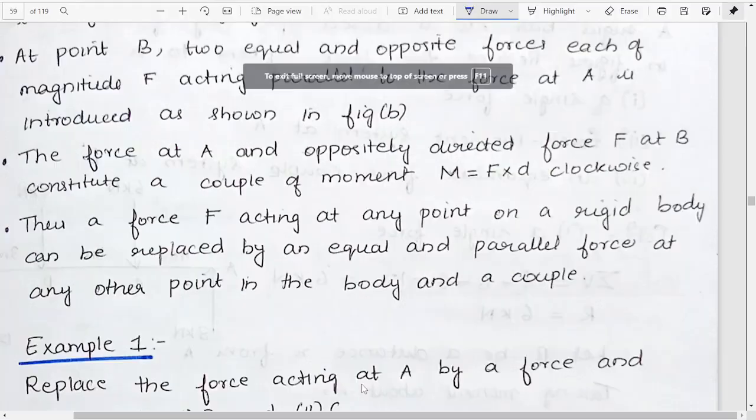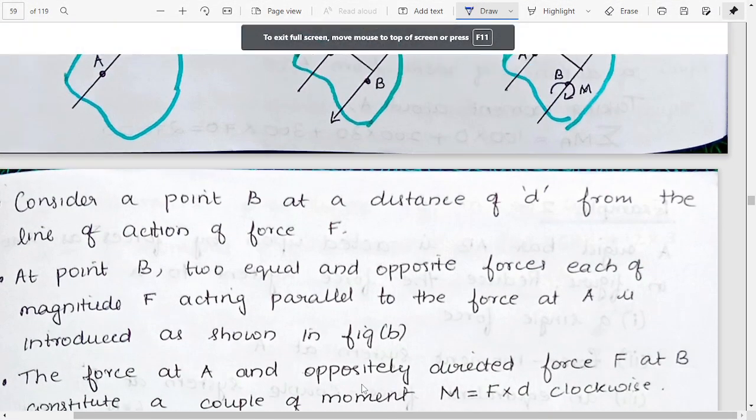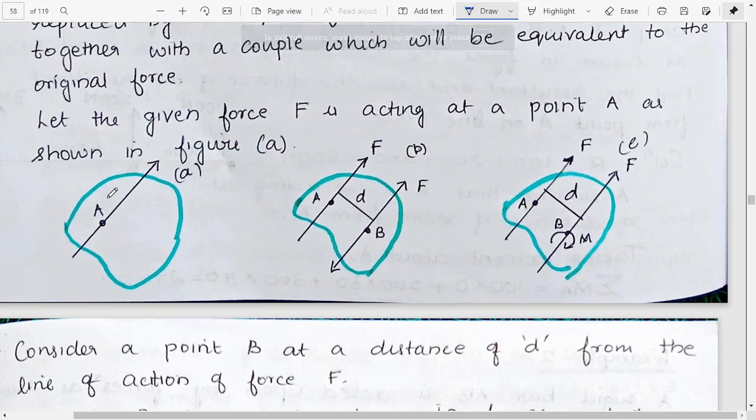So it is just saying that if we are having a force in this manner, we can have the same force which is d distance from the force F, and it is directly parallel. In that case we'll be having something like this.